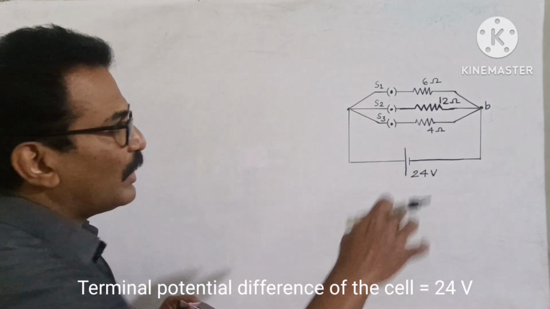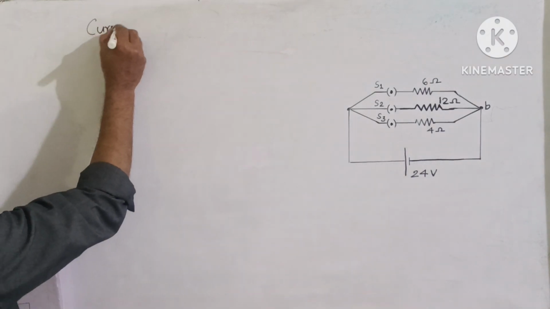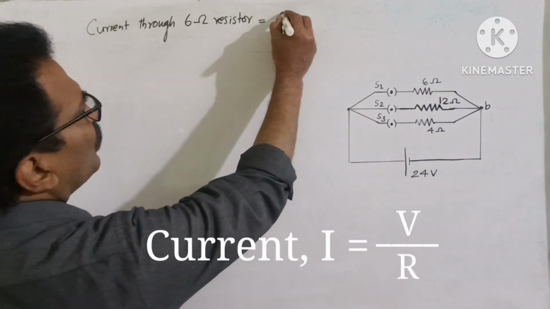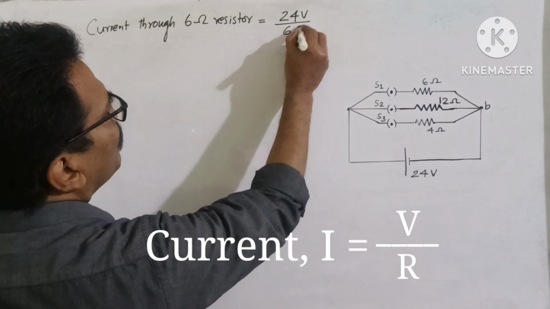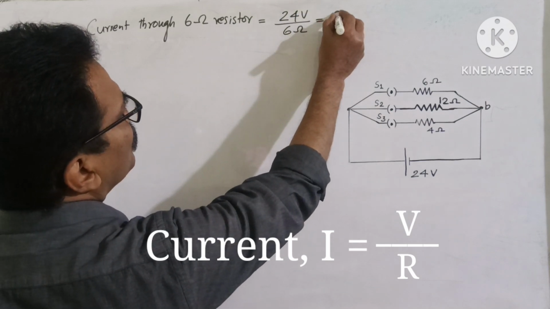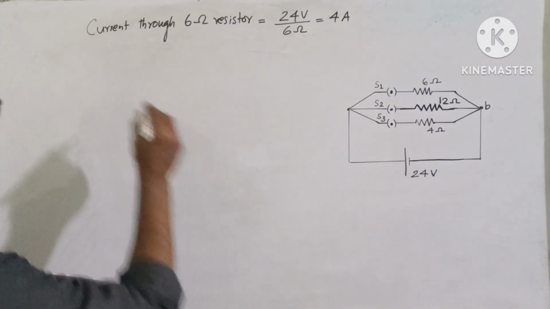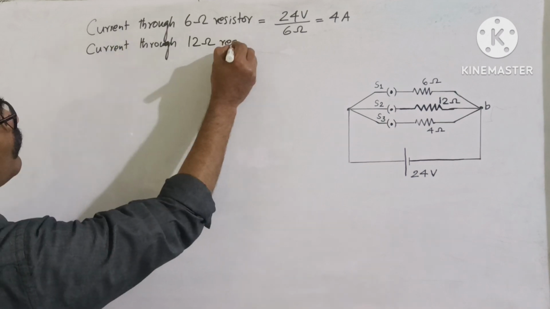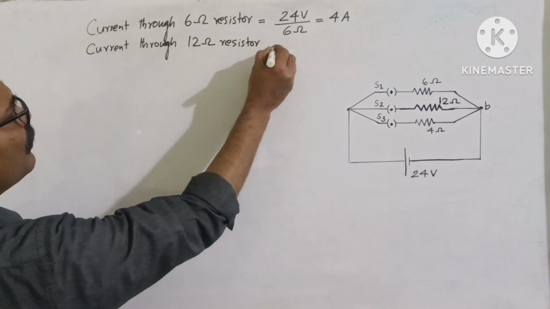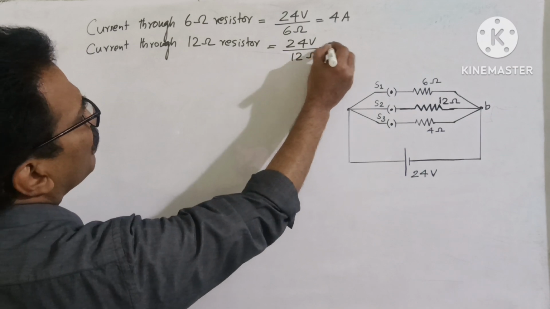So okay, first the current through the 6 ohm resistor. 24 volt divided by 6 ohm, that is equal to 4 ampere. Current through the 12 ohm resistor is 24 volt divided by 12 ohm, that is equal to 2 ampere.